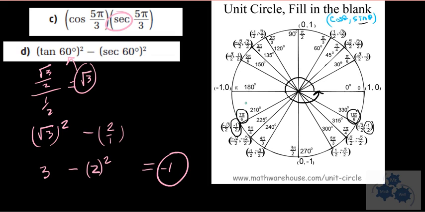Well, what you could say is, this plus or minus 2 pi n, and this plus or minus 2 pi n. That's totally fine. That would be probably the easiest way to do it. Just list them both, and then just plus 2 pi n.